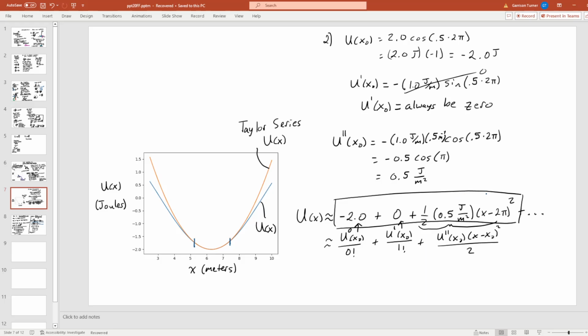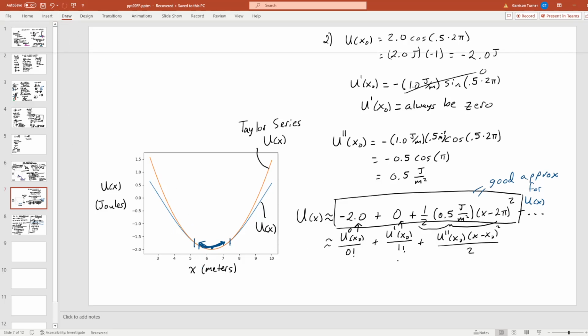So that tells us that this is a good approximation for our original function. And that means if I place a particle here at the equilibrium point, and then I displace it slightly this way, it'll just oscillate back and forth. Okay? So we're nearly there.